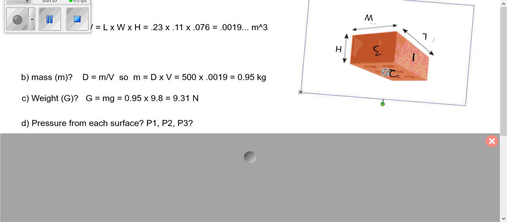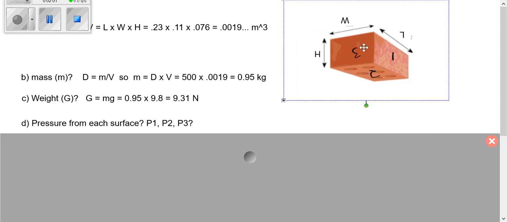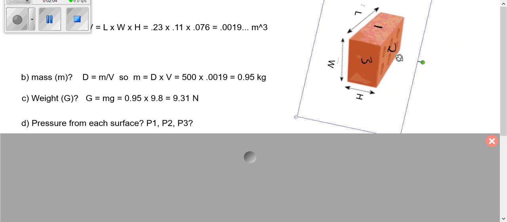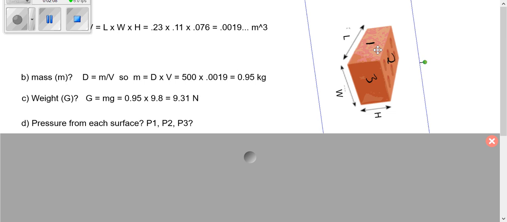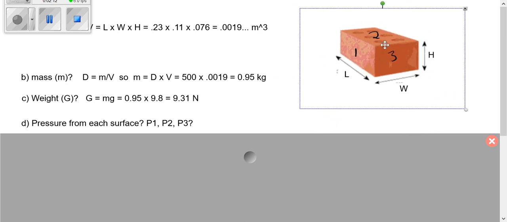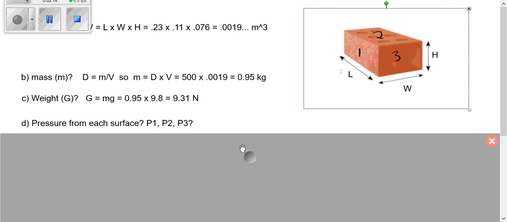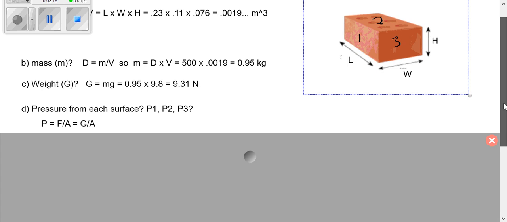Then you would flip it all the way over so it's on the flat side, side two, and put that on the table. And then, and I can't show this very well in the rotation, you put it down so side three is on the table. We're going to do each one of those, and they're really not too different in terms of how you calculate it.